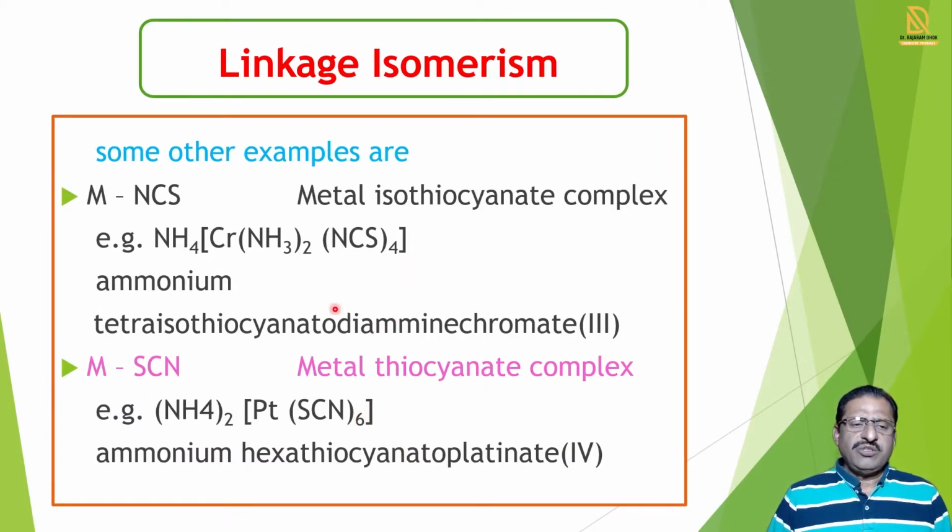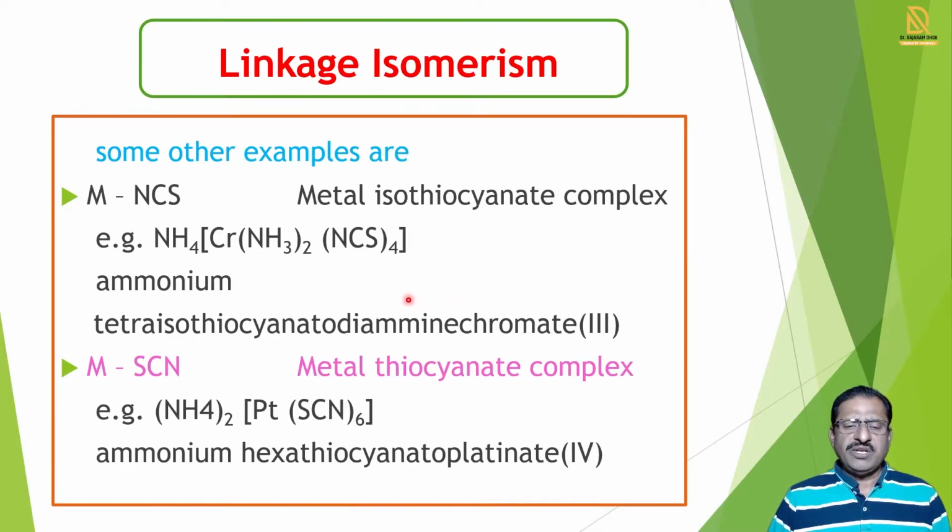Also, we take some other examples, where the metal is bonded with NCS. NCS means that nitrogen is bonded from the thiocyanato group, the thiocyanato ligand, and in that case we say the metal isothiocyanato complex. We write the example NH4[Cr(NH3)2(NCS)4]. Here nitrogen is bonded with chromium, and so the name of this compound is ammonium tetraisothiocyanatodiamminechromate(III).